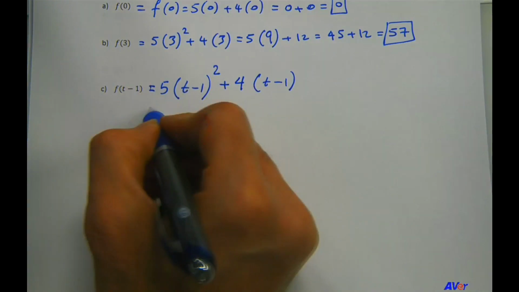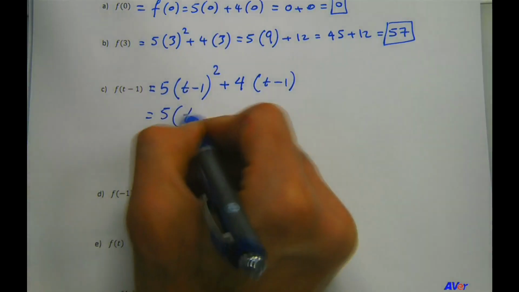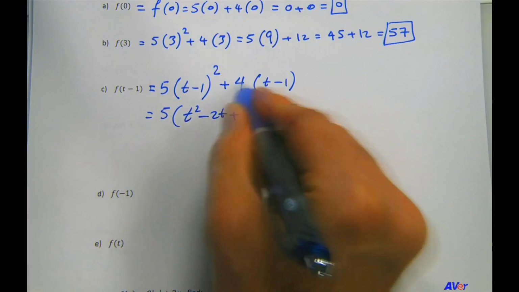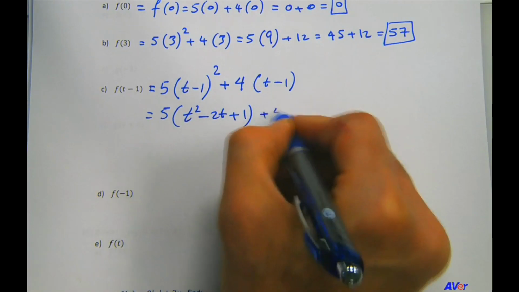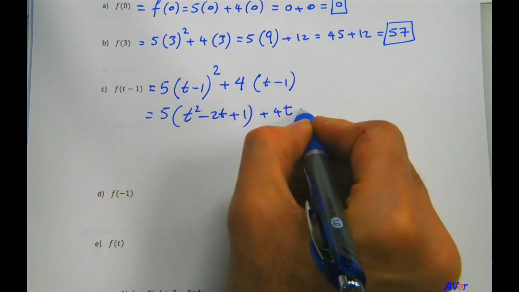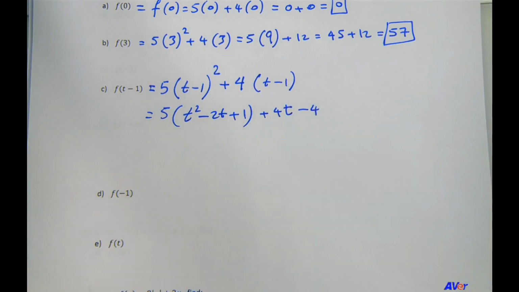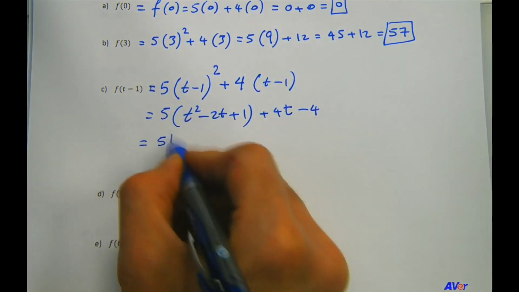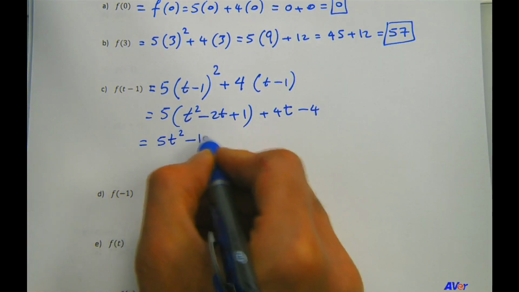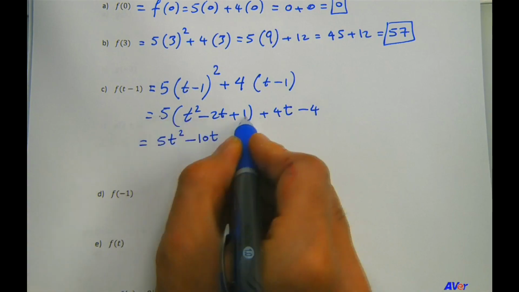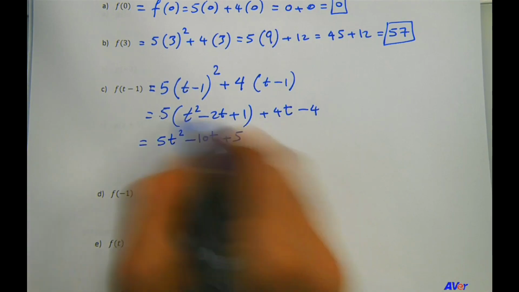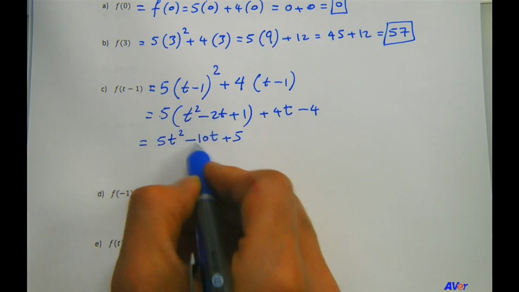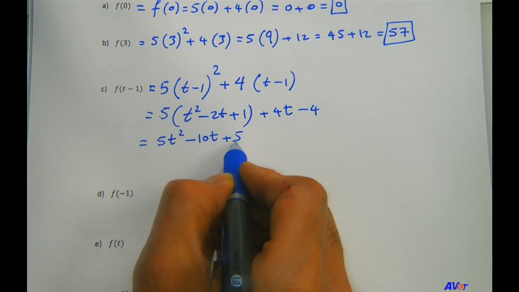Okay, so expanding this, we get 5 times t squared minus 2t plus 1. And let's distribute this 4 into this. We get 4t, 4 times minus 1, minus 4. Right? Are we done? No, we need to distribute the 5 into this. So we have 5 times t squared, 5t squared. 5 times minus 2t, minus 10t. 5 times 1, plus 5.